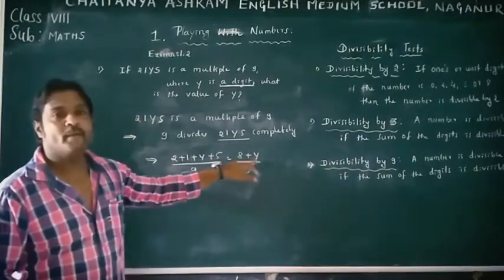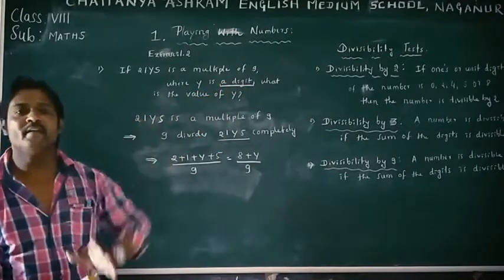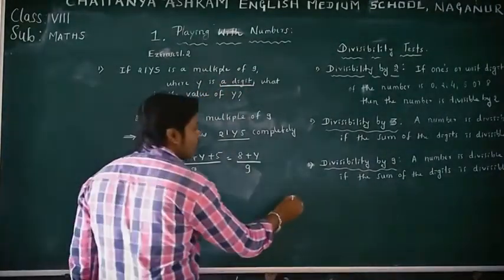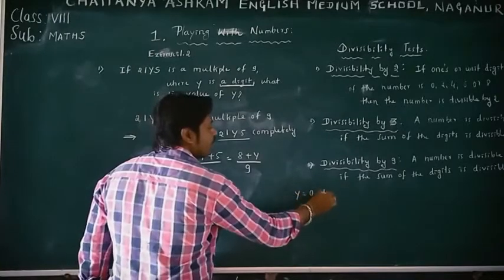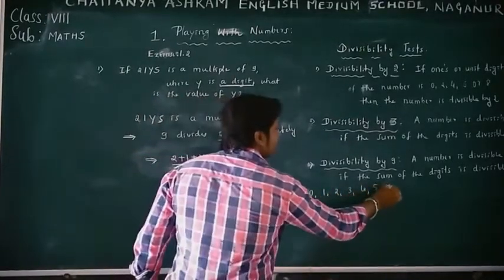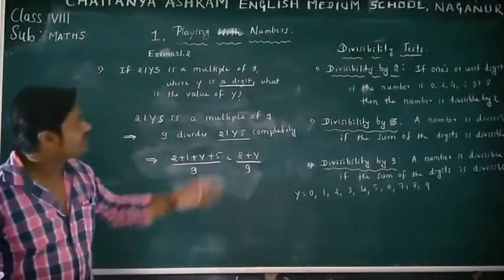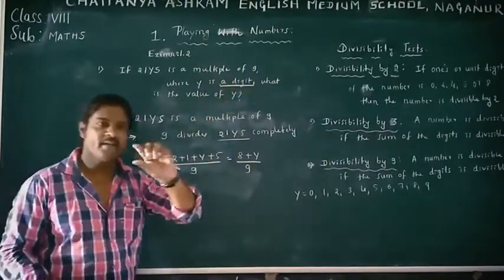Given that y is a digit, a single digit, the possible values of y are 0, 1, 2, 3, 4, 5, 6, 7, 8, 9.